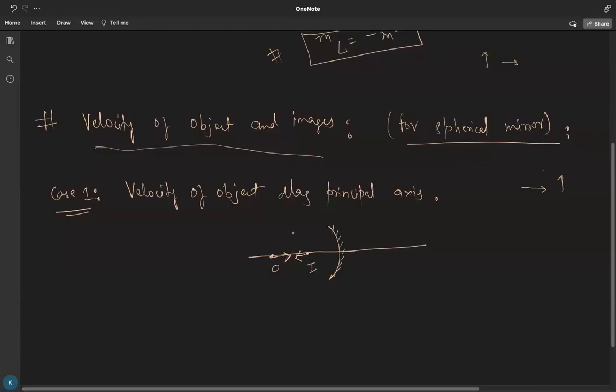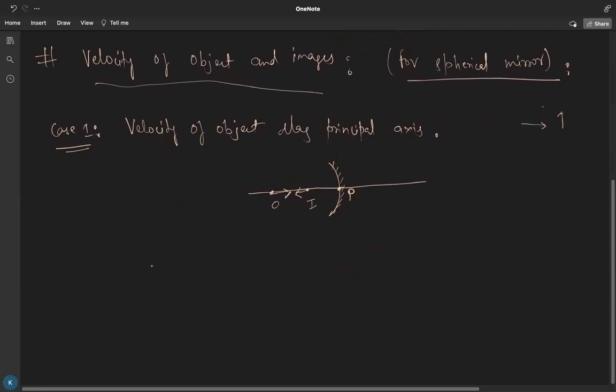I'm not claiming that this is what will happen. The scenario may be different, right? I'm just assuming here that the object is moving in the rightward direction and the image is moving in the leftward direction. So you have to keep this in mind.